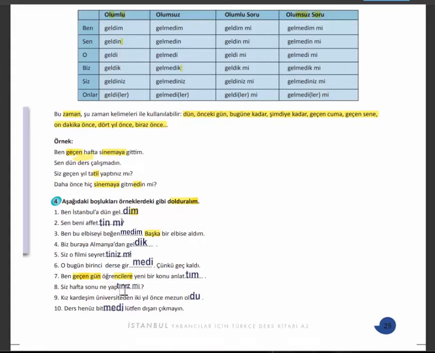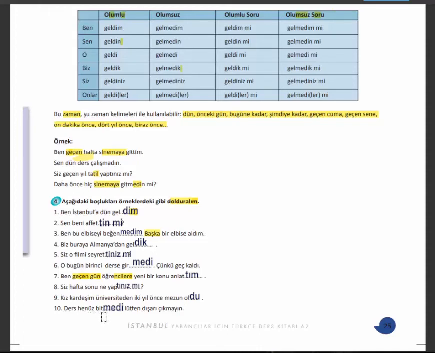What did you do this weekend? Kız kardeşim, my sister, üniversiteden, from university, 2 yıl önce mezun oldu. My sister graduated from university 2 years before.